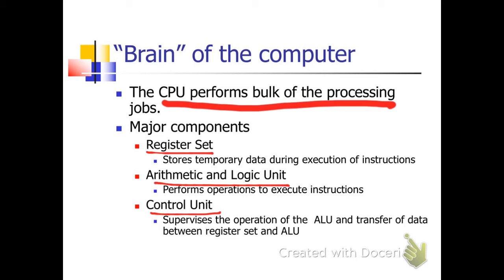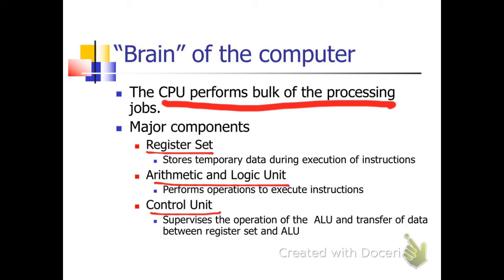So first of all, let's see what a register set is. A register set is a temporary storage which is attached to the CPU, and this is used for storing data temporarily during the execution of instructions. Now we know that data is stored in the main memory.